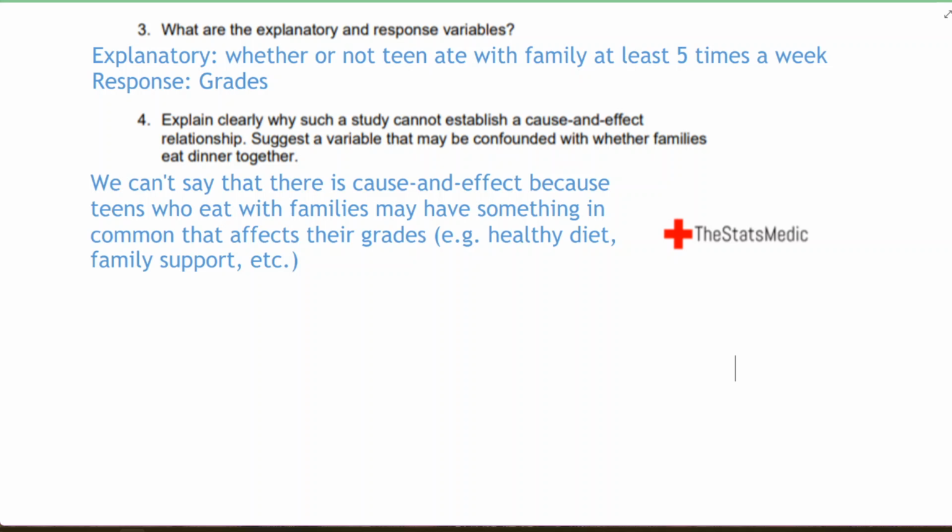And I think there is a correlation between parents with multiple jobs and grades at school. So there are definitely at least a few things that we can correlate with grades that will confound the results of this study. Not to say it's a bad study, just to say that we can't establish a cause and effect relationship.